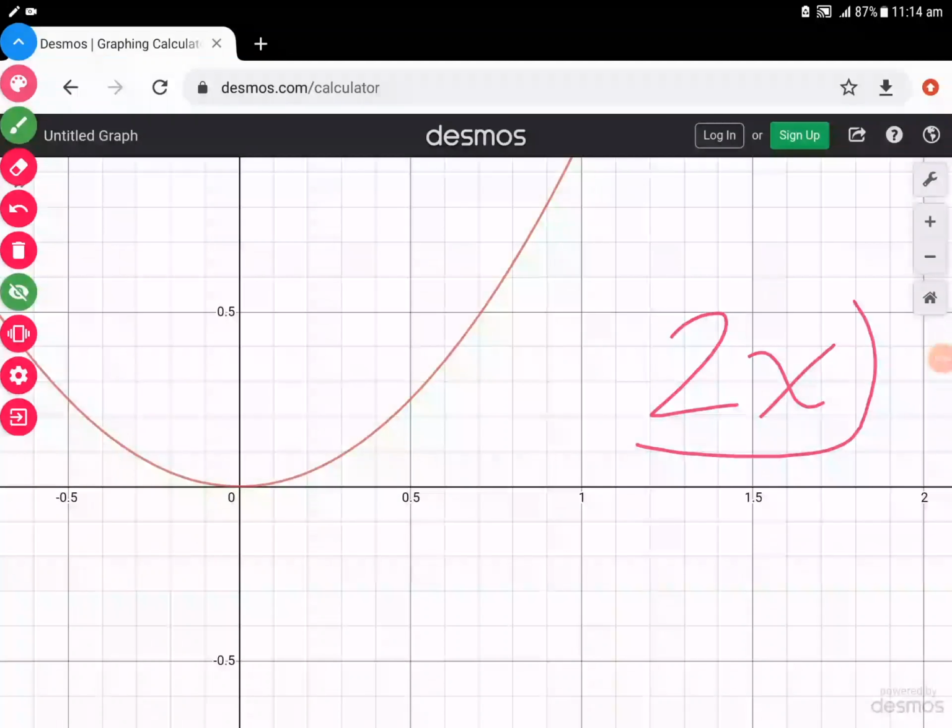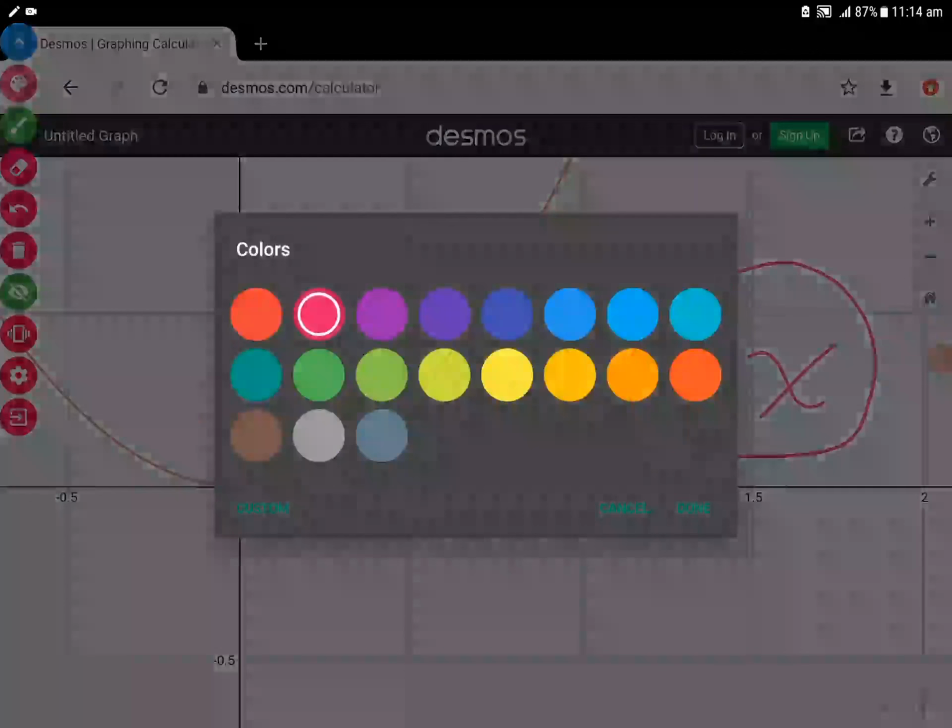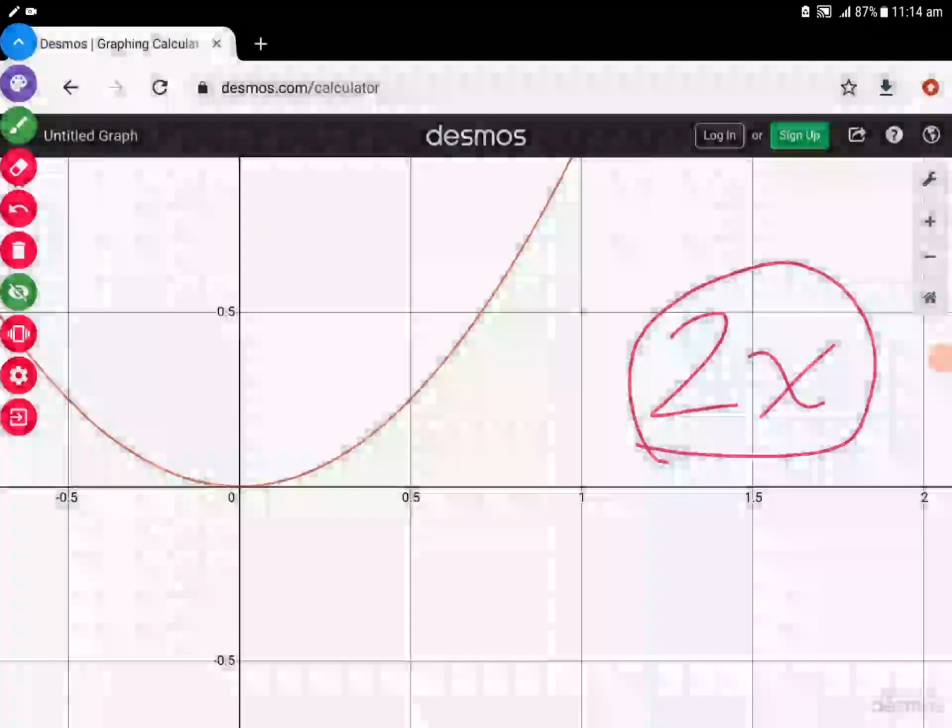Now if the slope is 2x, that means the slope is a variable, because 2x is not a constant, it's a variable. So if the slope is a variable, then the slope should keep on changing, because variable means it doesn't have a constant value. Suppose this is the slope at point 0.